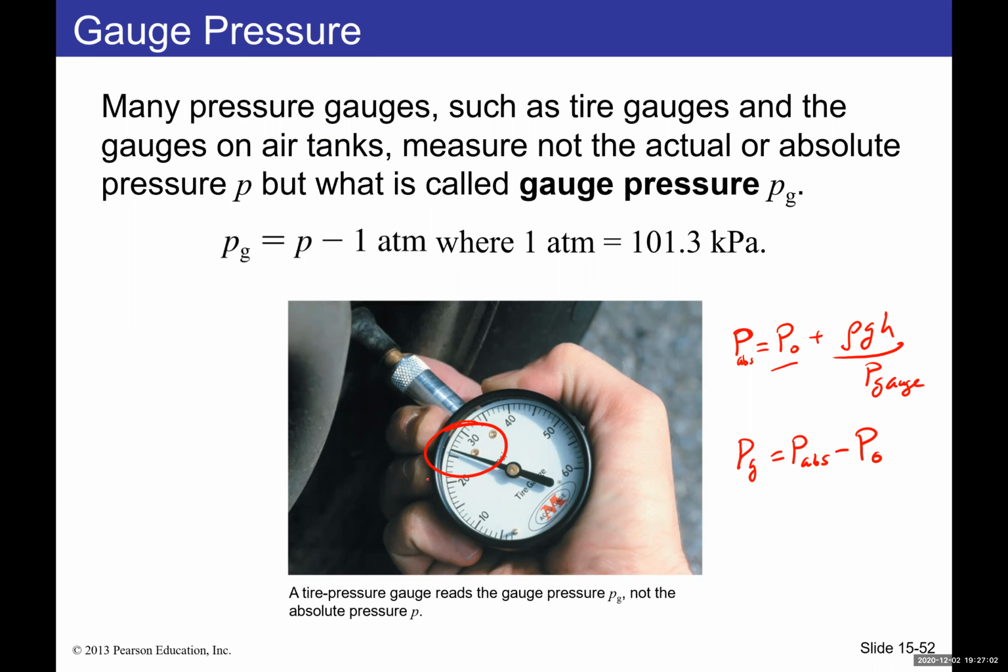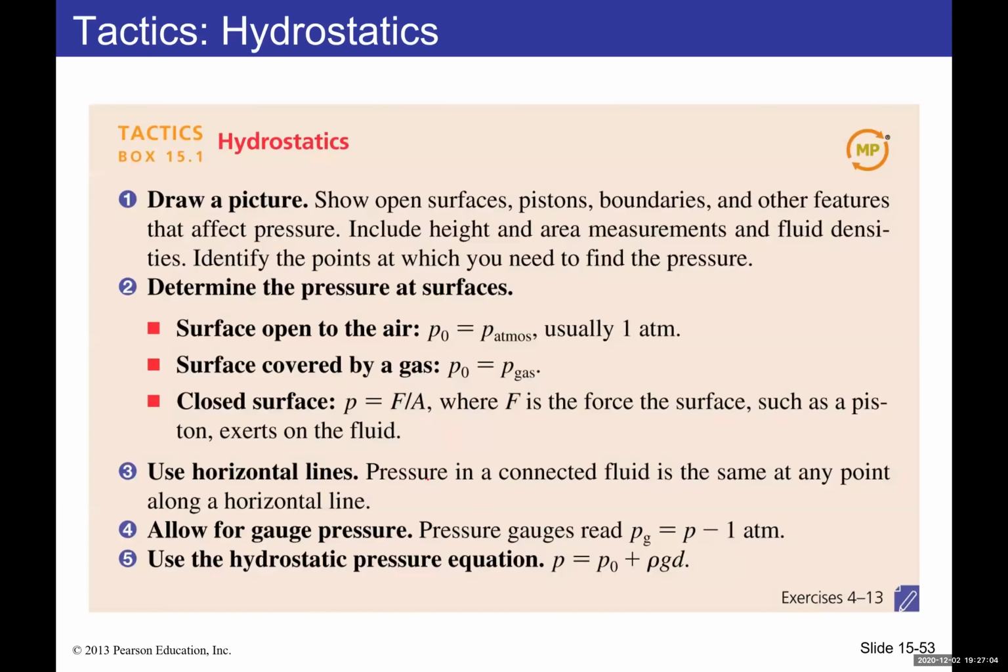All right, so for hydrostatics, we are dealing with hydrostatic equilibrium. Most of the time, draw a picture, and show if the surface is open to the atmosphere or not, then determine the pressure at the surface. If it's open to the atmosphere, then there's atmospheric pressure at the top.